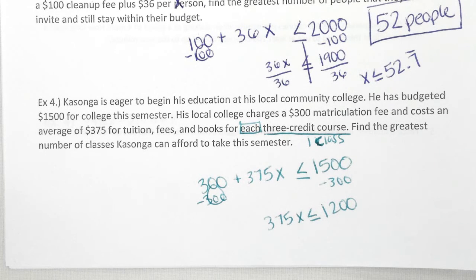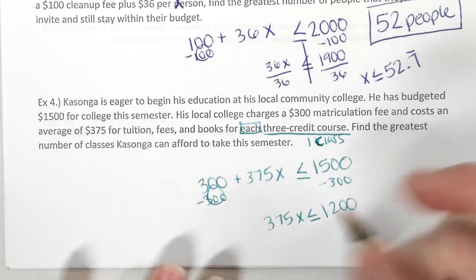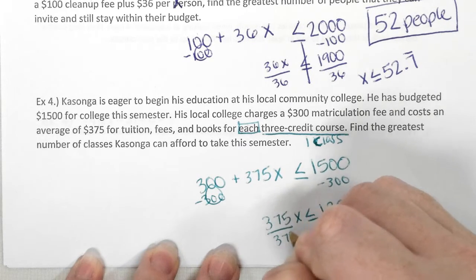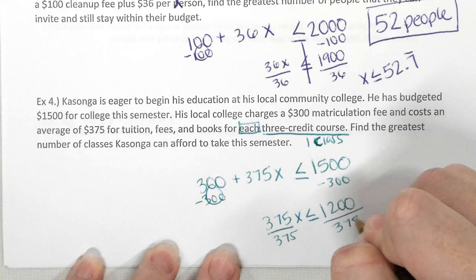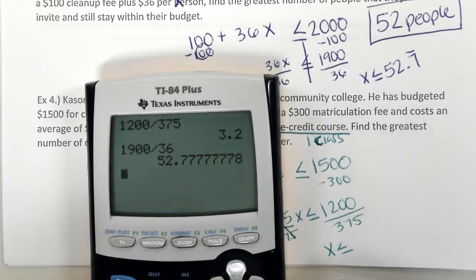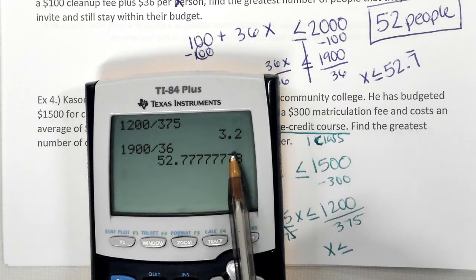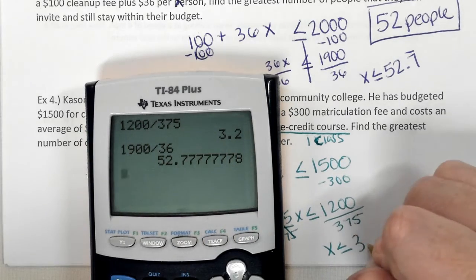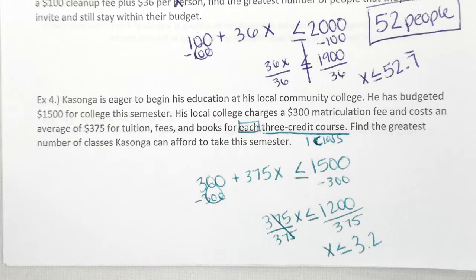Somebody new. Divide by 375. And this gives me x is less than or equal to, look, I already have it up there, 3.2. Well, can you take 3.2 classes? No. So what's the most classes he can take? 3.